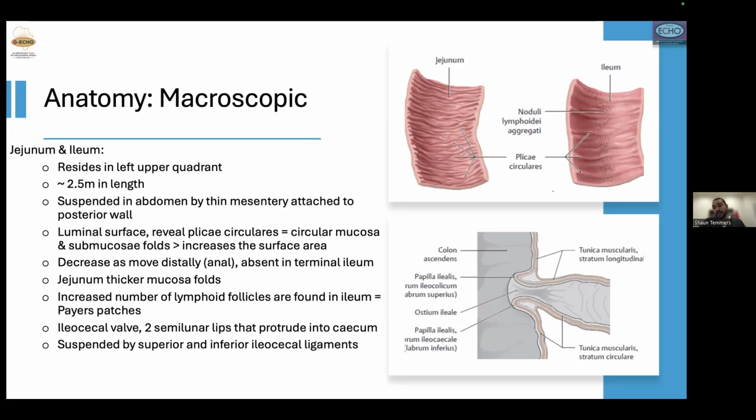And as you move anally, the presence of lymphoid patches and lymphoid tissue increases, and there's a large conglomerate of these patches of lymphoid tissue found in the ileum, simply referred to as Peyer's patches. The ileum then terminates where it invaginates into the cecum, and it's fixed there with its superior and inferior cecal ligaments.